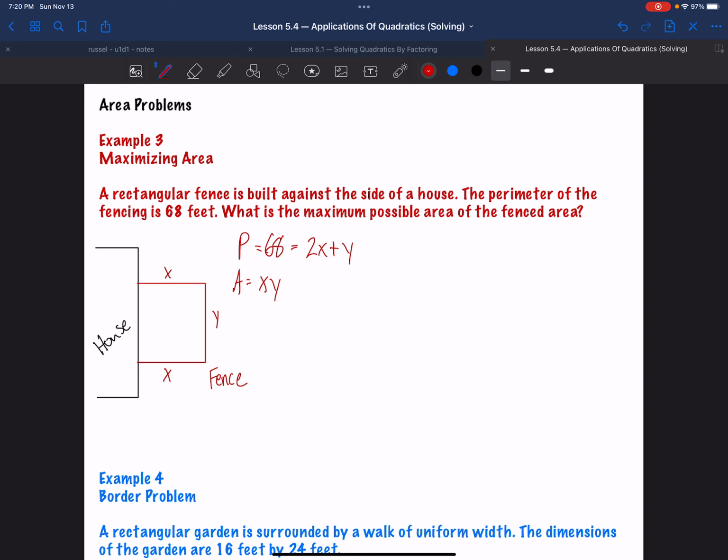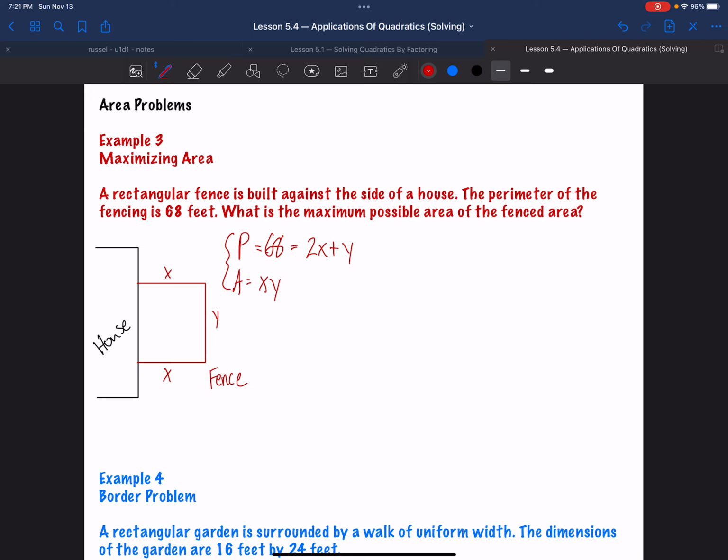So here we go, let me backtrack. I'm sorry. Forget what I said there. This is just a system with x and y variables. But what's different is this isn't a linear system because I'm not adding my x's and y's in both equations. Area is x times y. That's not linear, that's something else.